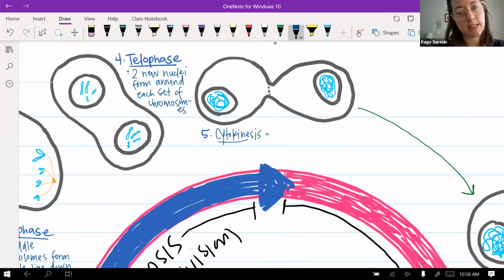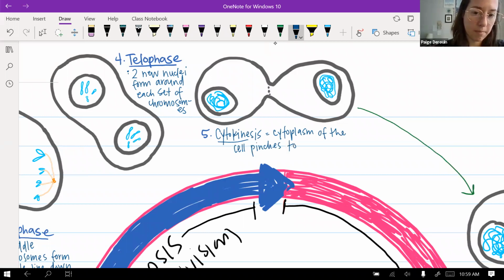And this means that the cytoplasm of the cell pinches together until 2 cells are formed.